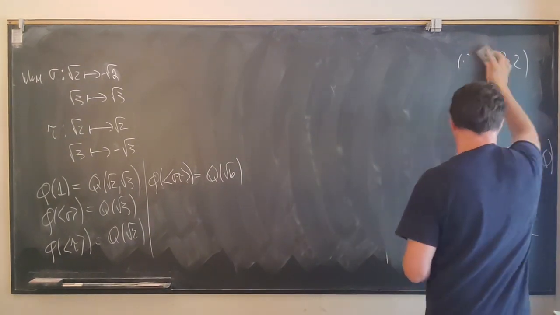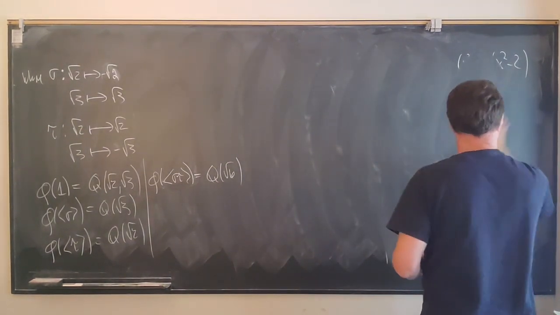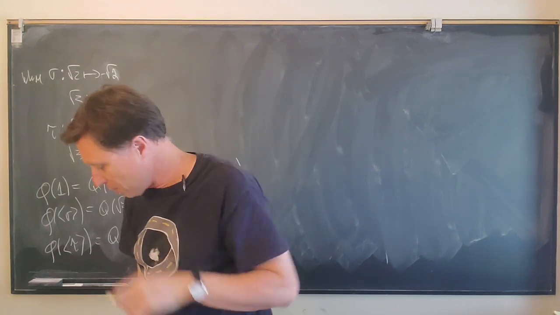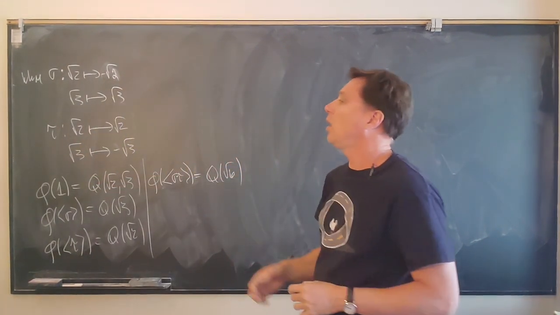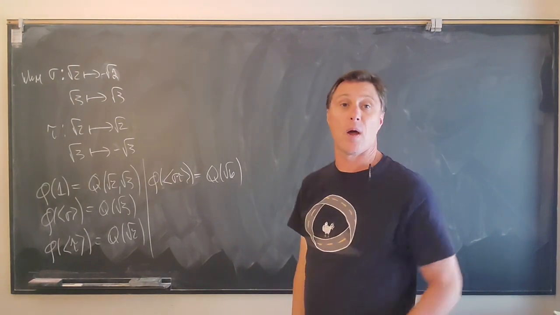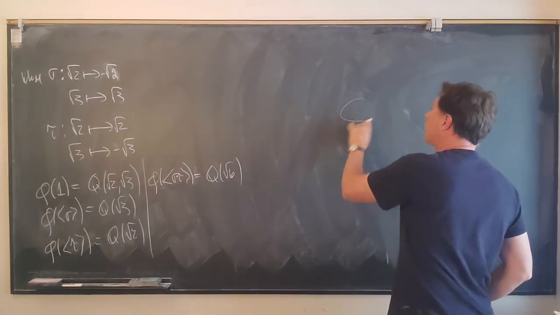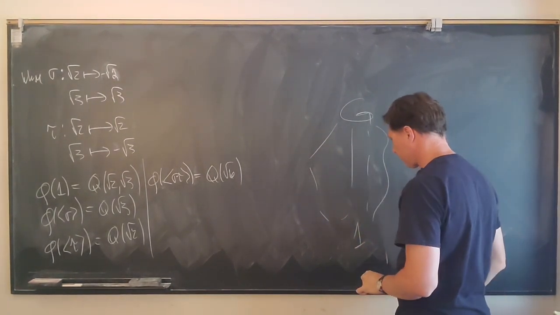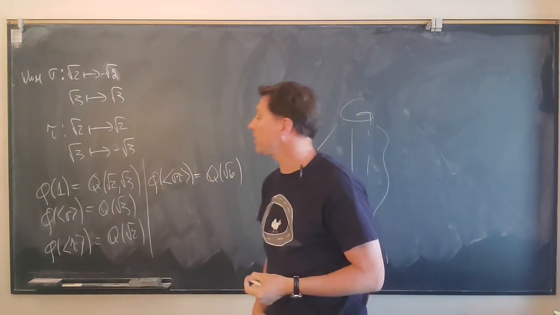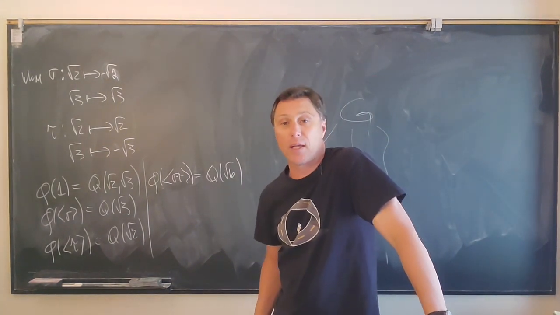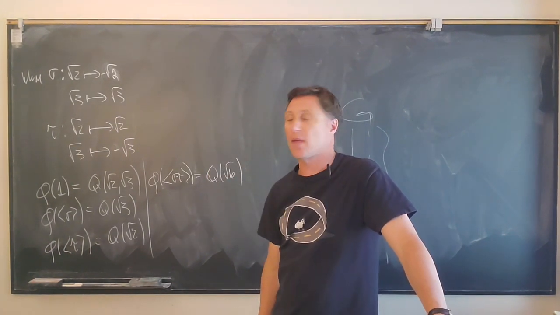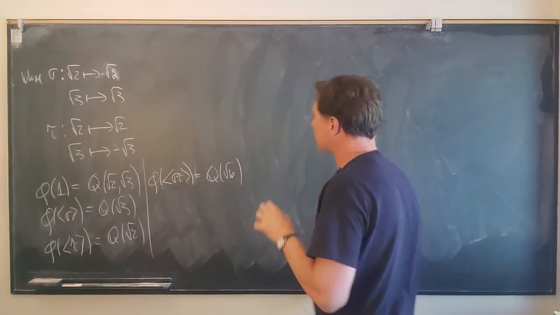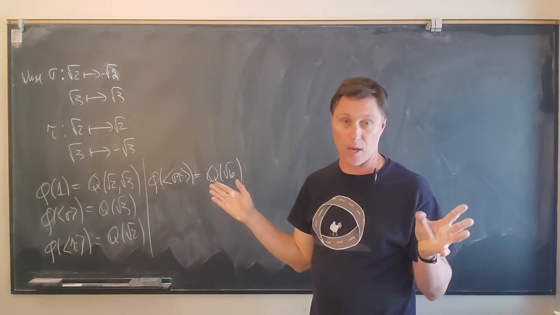Okay, so now let's draw the pictures. Now, here's the problem. Typically when you draw a subgroup lattice, you draw the big group at the top, you put the identity at the bottom, and then you do the in-between stuff. Now, here's what happens when you draw the fixed field lattice and compare it. One of them is going to be flipped over. I'm going to draw the subgroup lattice upside down so that the fixed field lattice is right side up.